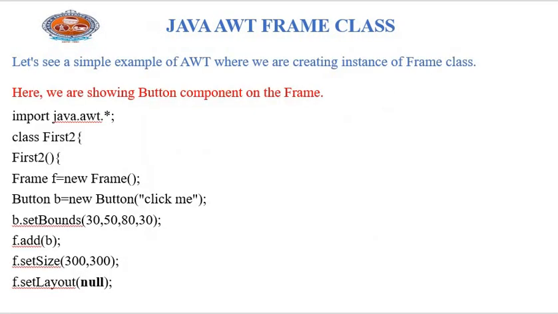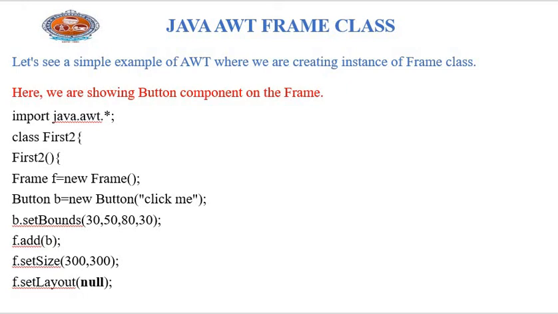Next one is by creating the object. Let's see a simple example of AWT where we are creating instance of Frame class. Just like that, same. A package import, class name is First2. Class open, method is First2, Frame f is equal to new Frame.